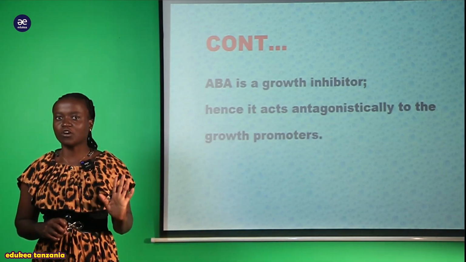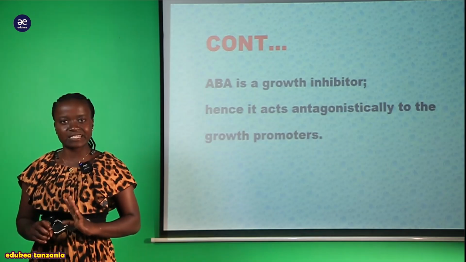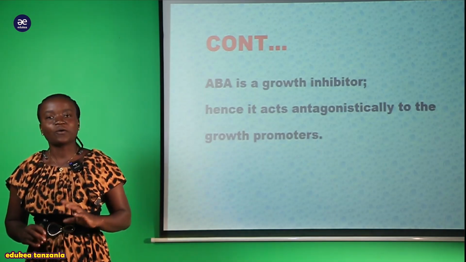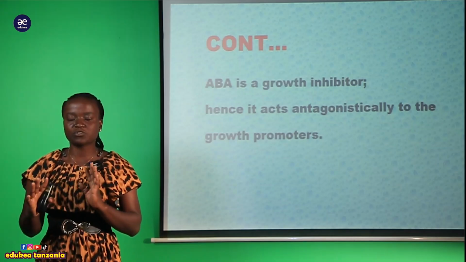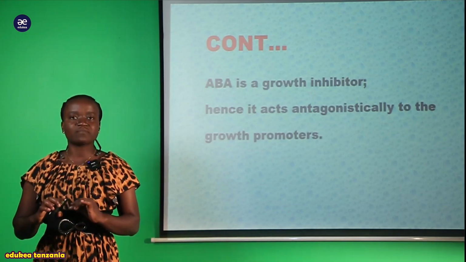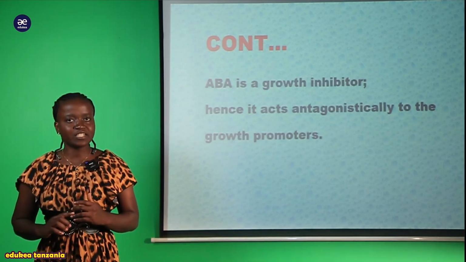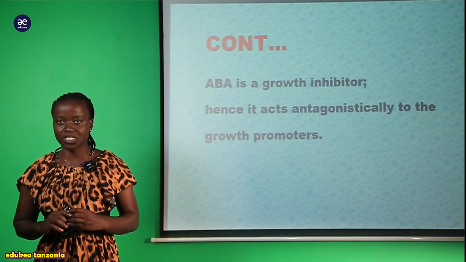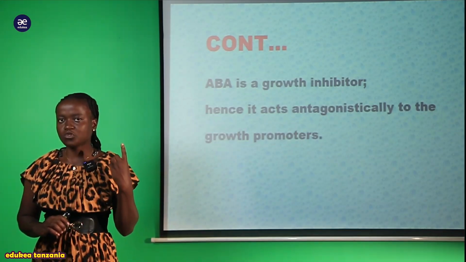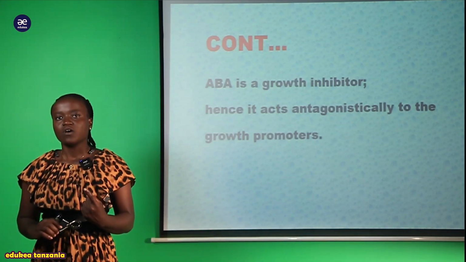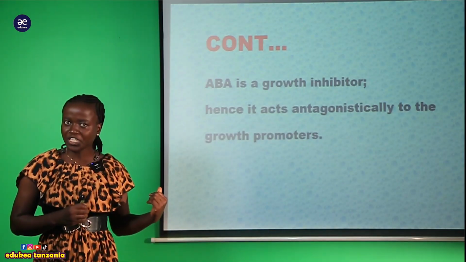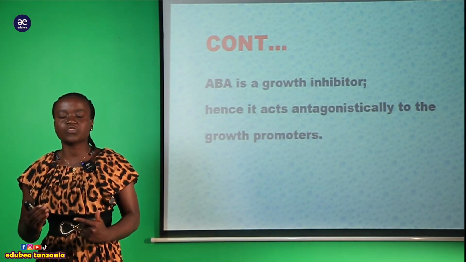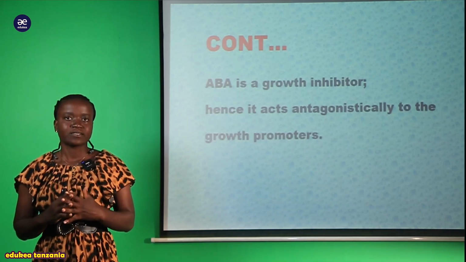This hormone, ABA, abscisic acid, has a very big difference from those 3 hormones we have mentioned. The first we said is auxin, then gibberellins, together with cytokinins. All of those hormones are responsible for promoting growth within a plant, but this hormone inhibits growth from occurring within a plant.